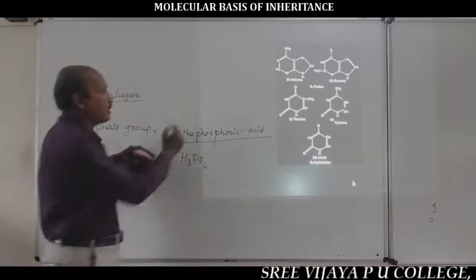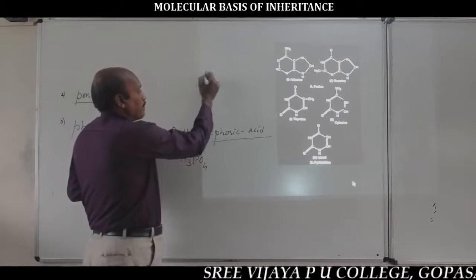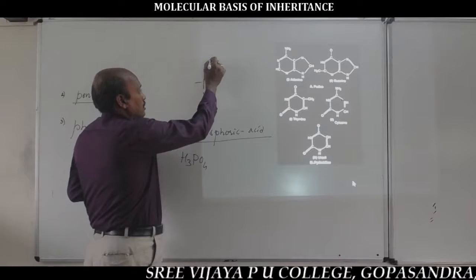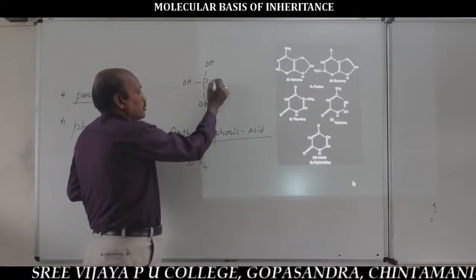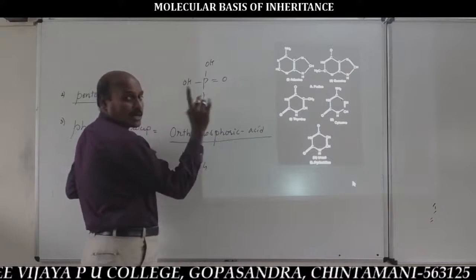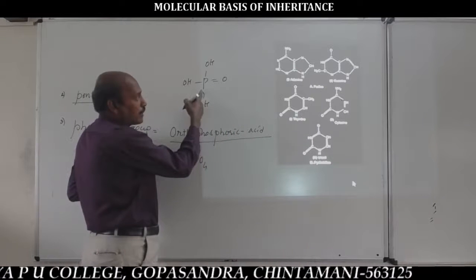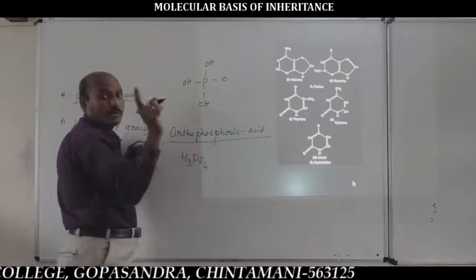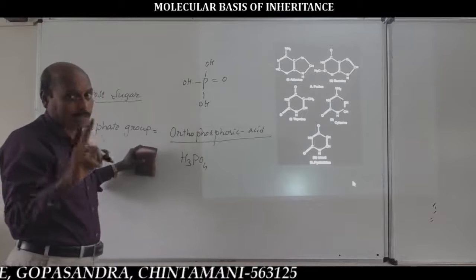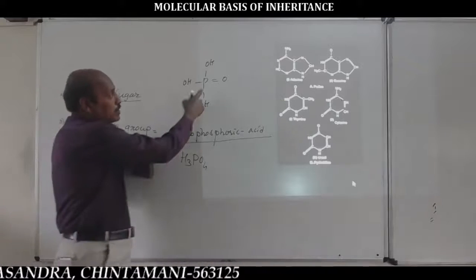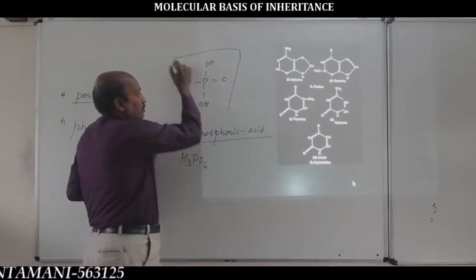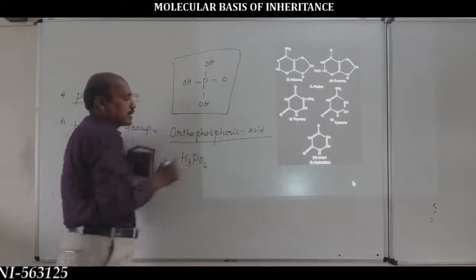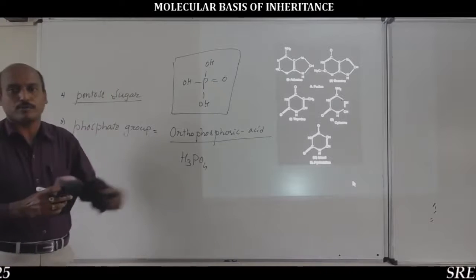H3PO4 has a central phosphate with 3 hydroxyl groups, 3 OH groups, and 1 oxygen atom bound to the central phosphate through a double bond. Never O2, a single oxygen atom binds to the central phosphate through a double bond. This is the structure of orthophosphoric acid, H3PO4.